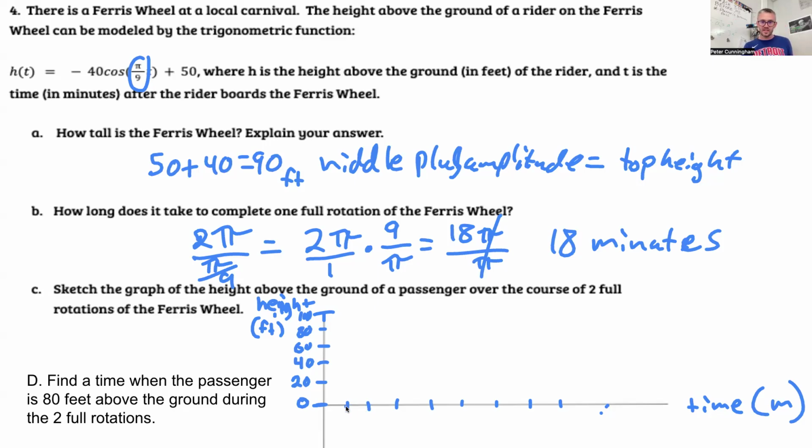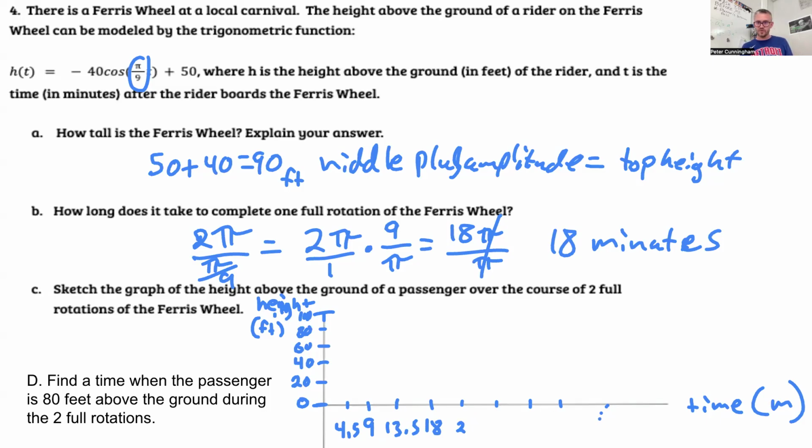So if I'm breaking this into quarters, I know that one wavelength is going to take 18 minutes, which means half of that is going to be 9 minutes. Cut that in half, and you've got 4.5 minutes. So it should go 4.5, 9, 13.5, 18.